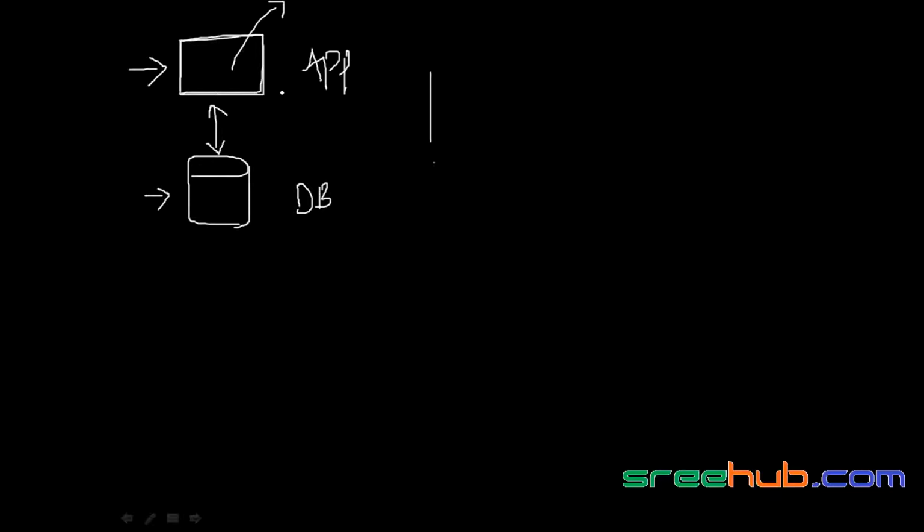This application can be your UI, which is your web, or can be mobile app or anything where all of your business logics, everything is written in your application itself, which talks to database based on the required data. That is your two-tier.